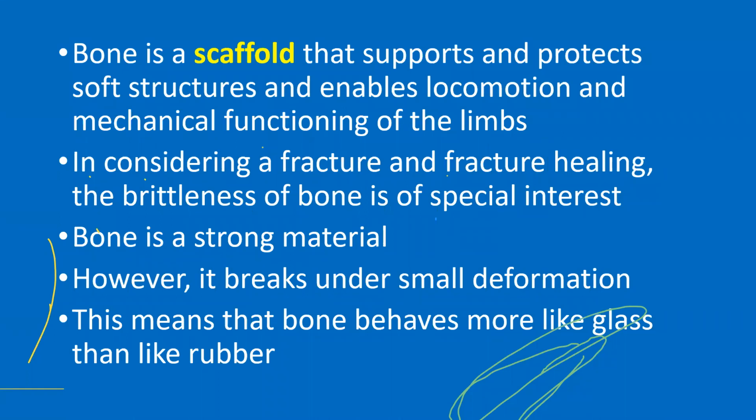At the beginning of the lecture I told you that when you have a strain on granulation tissue, it bends 100%. On bone, it's only 2%. Why? Because it's hard, and it behaves like glass. It breaks, and when it breaks, it shatters.